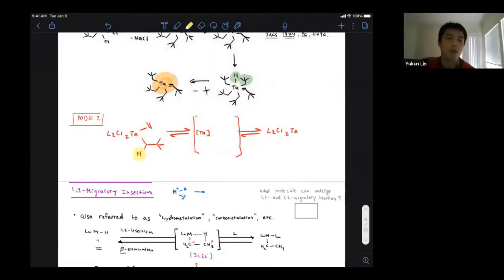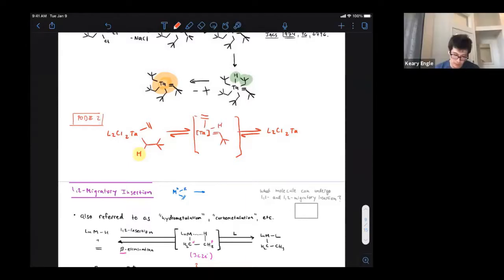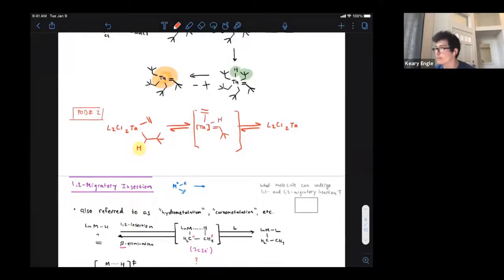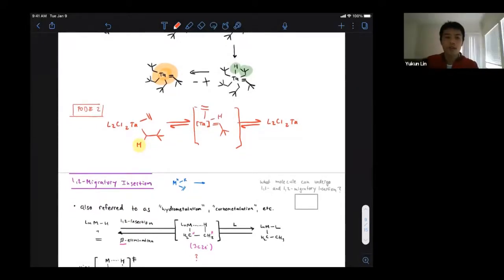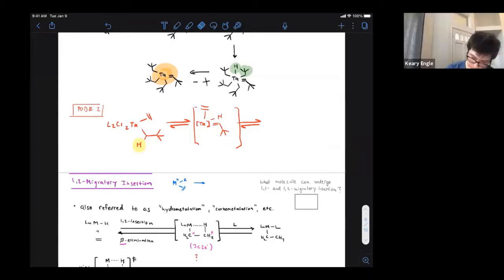I think it will form a carbene here, and I'm wondering where the hydrogen will go. Well, we already have a sneak preview if you look at the bottom of the screen. So the hydrogen will migrate to the olefin, the ethylene.